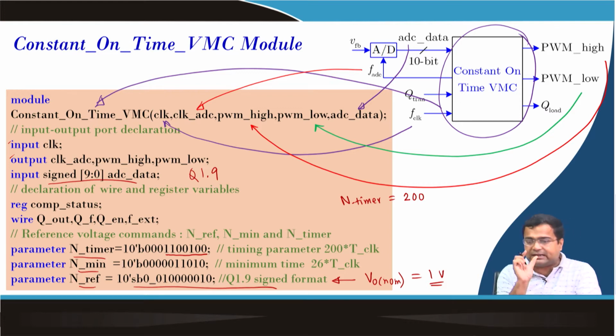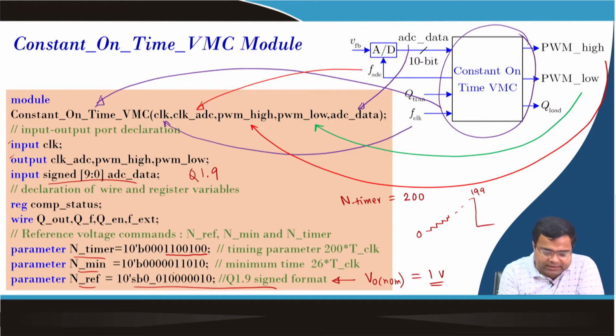So, that means 200 times we are creating the on time, because it will go from 0 to 199. And the minimum time we are taking 26 cycles, that means it will go up to 26.